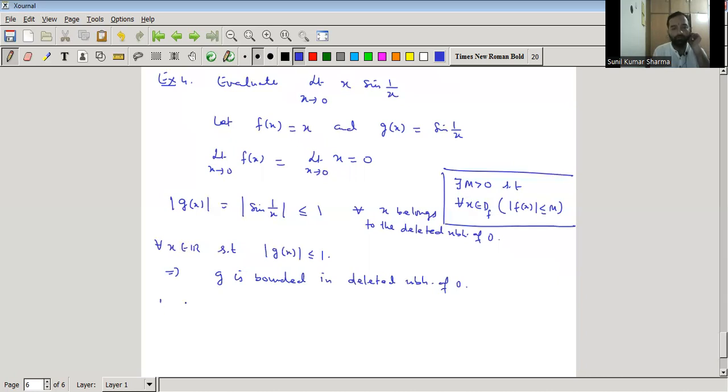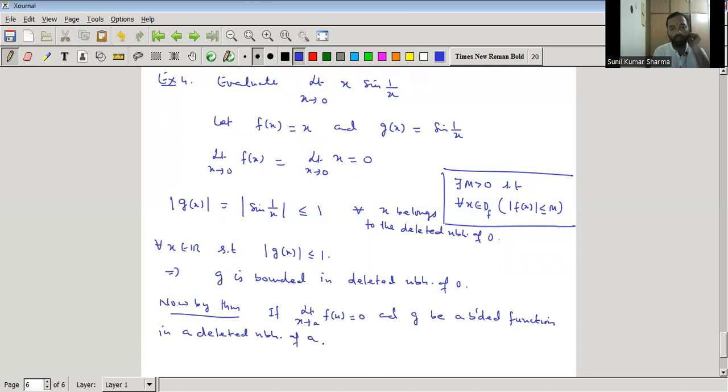Now by the theorem, if limit x goes to a of f(x) is equal to 0, and g is a bounded function in a deleted neighborhood of a, then limit x goes to a of f(x) into g(x) is equal to 0.